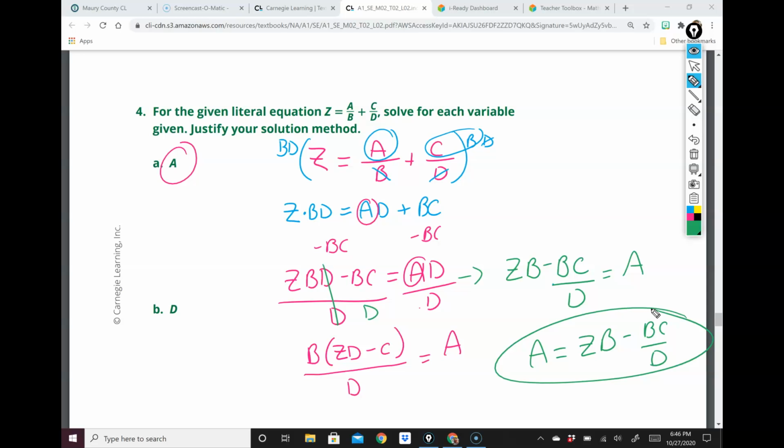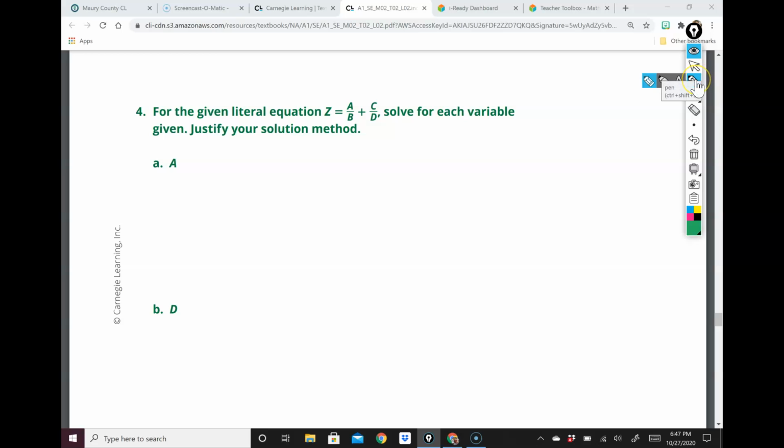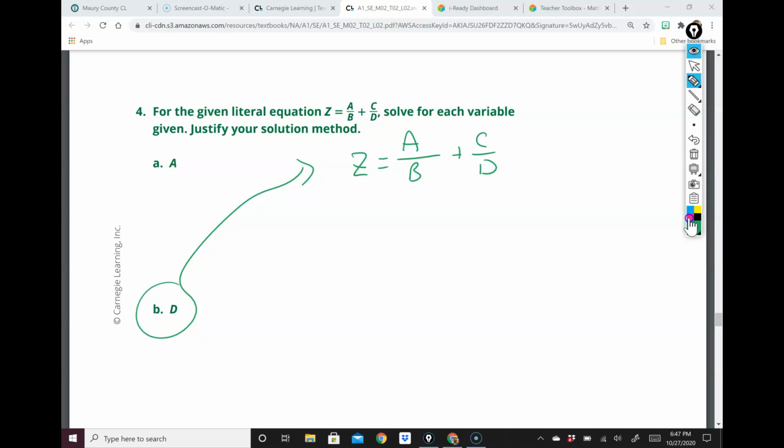And then if I was going to solve for D up here, I would say Z equals A over B plus C over D. And my goal is to solve for D. I would still multiply by the common denominator, which is B and D. So that gives me ZBD equals, my B's cancel out, so that'll be AD.